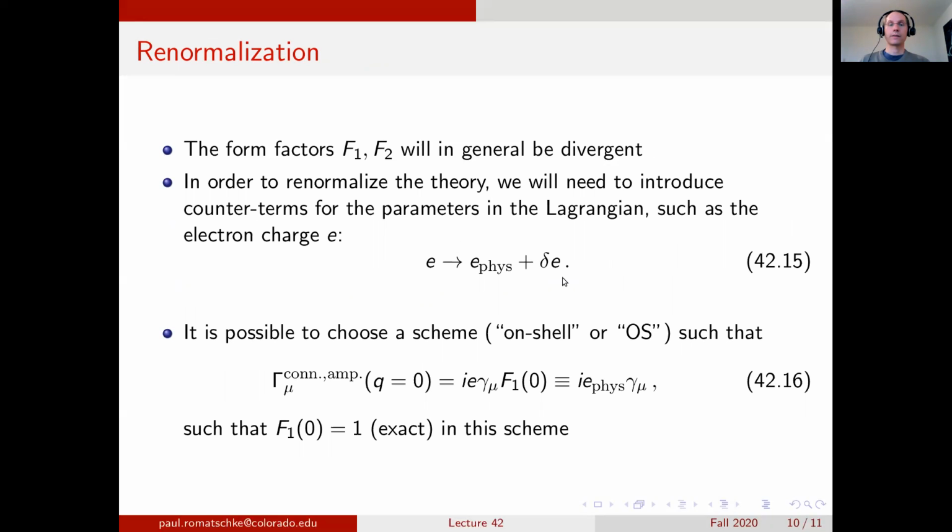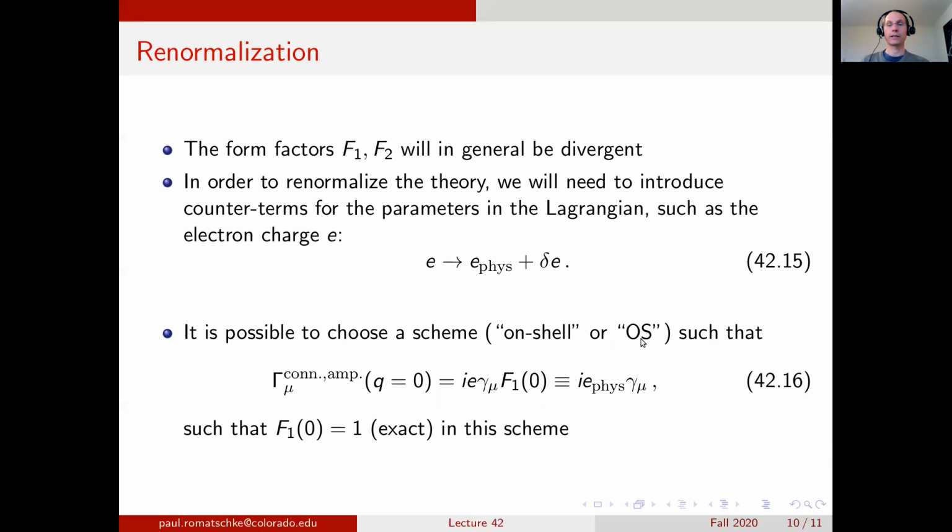Once we've done that, we have to choose a particular renormalization scheme. We've discussed quite a bit about the MS bar scheme. That's pretty common in quantum field theory. It turns out that for the purpose of QED, historically, the more often used scheme is the so-called on-shell OS renormalization scheme.